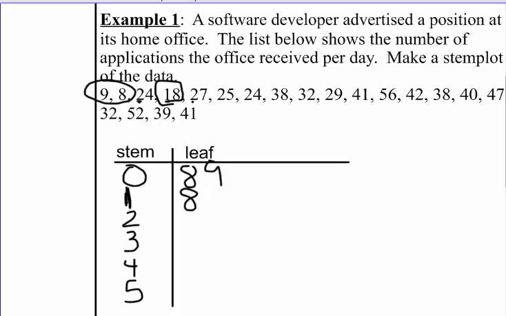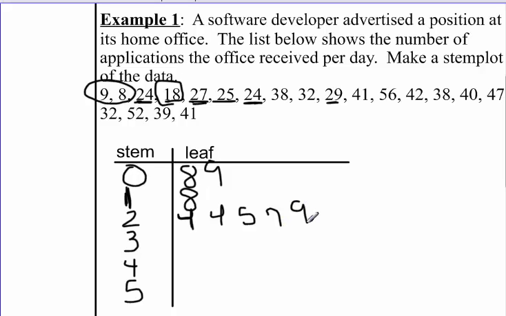Our 2s, we have 24, 27, 25, 24, 29, and those are all the numbers in the 20s. Make sure that you put them in order. If you have a repeat, like 24, you would write them both. So you have 24, 24, then 25 is the next value, 27, so you're just writing down the last digit, and 29.